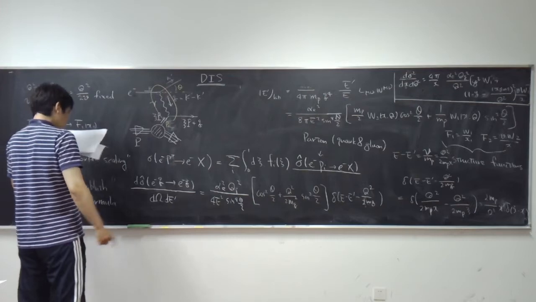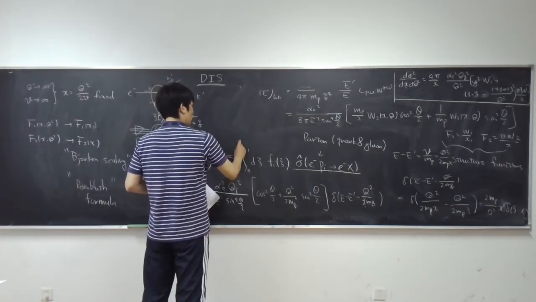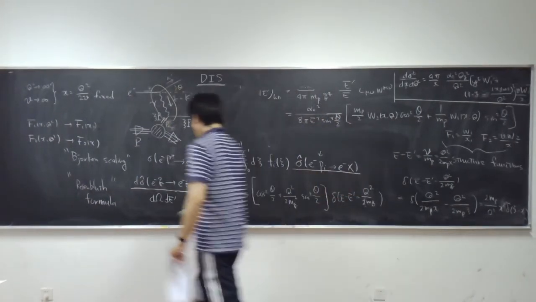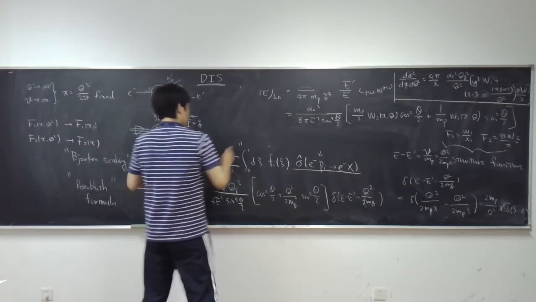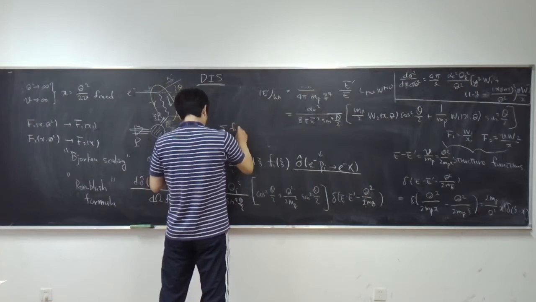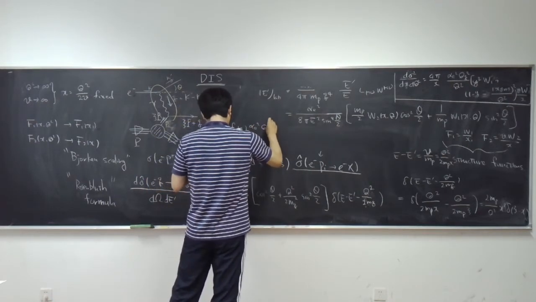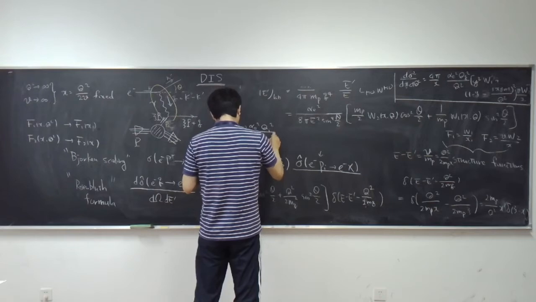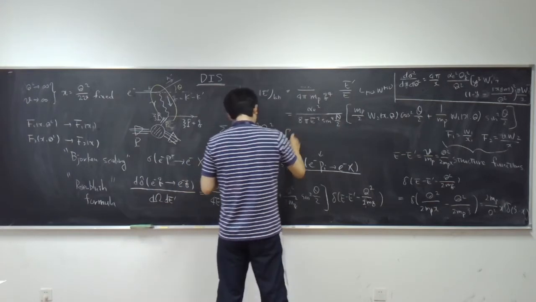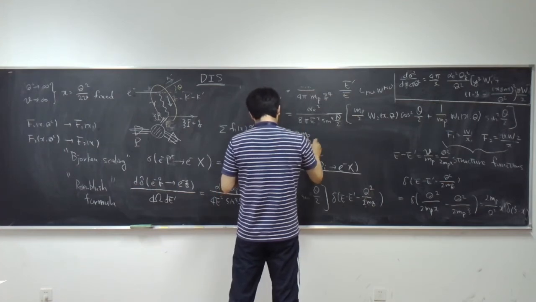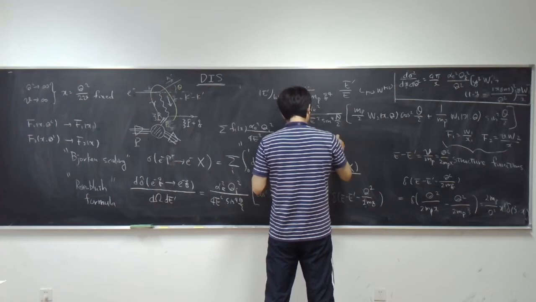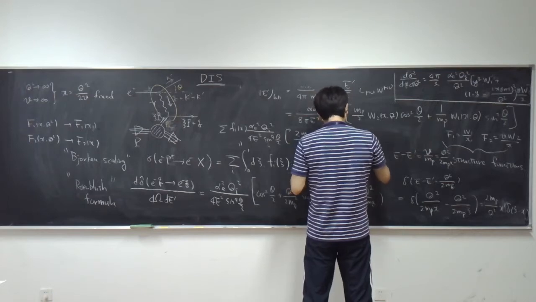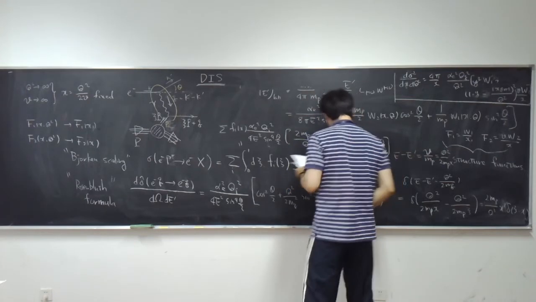Plugging that one into here, what you get is this, let me erase this part, and this is equal to the sum over i of f_i(x) alpha e squared q_i squared divided by 4 E squared sine to the fourth theta over 2, times 2 M_P over Q squared x squared cos squared theta over 2 plus 1 over M_P sine squared theta over 2.